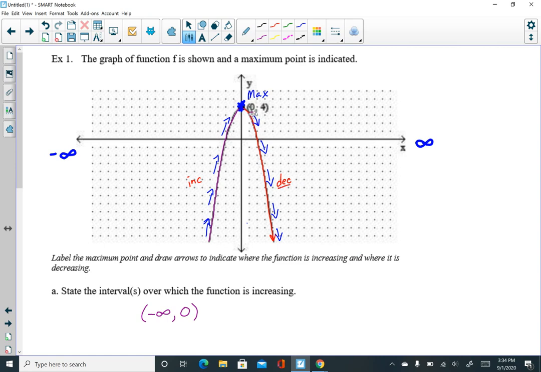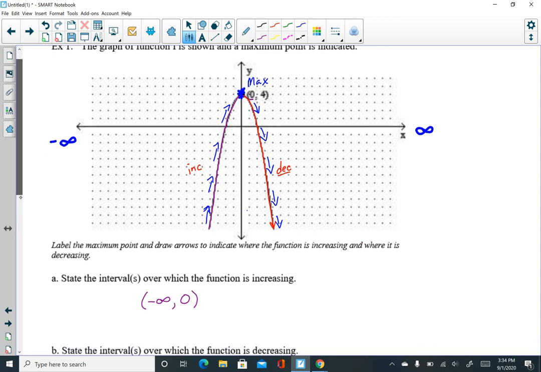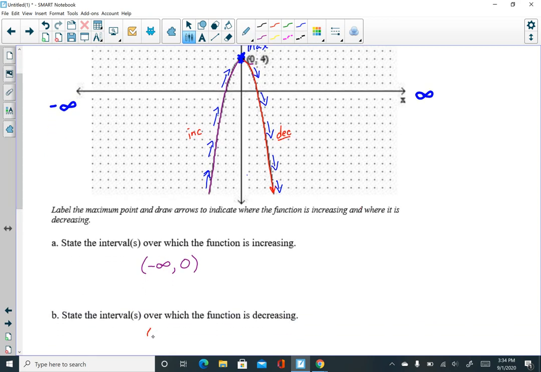So I'm picking it up at 0. And then I go down and to the right forever. And remember, I'm only worried about my x values, and so going to the right forever is positive infinity. Parentheses on both.